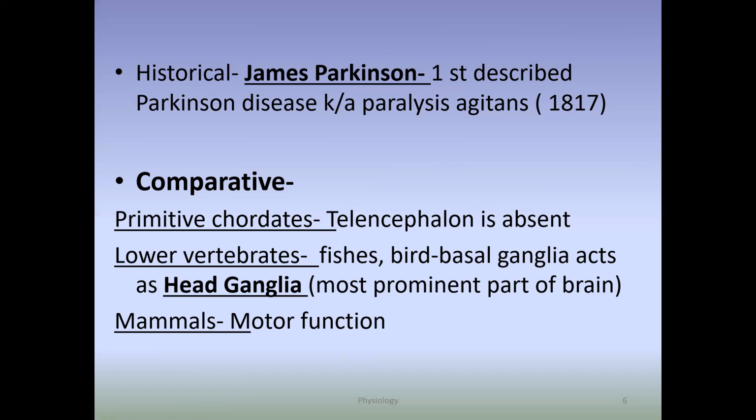That's why it is also called the head ganglia, the most prominent part of the brain in lower vertebrates. In human beings or mammals, the basal ganglia play an important role in motor functions. But in birds, the basal ganglia is well developed, and navigation when birds fly in the sky is mainly done by this basal ganglia, also called head ganglia in birds.